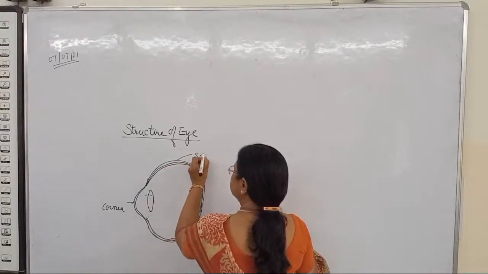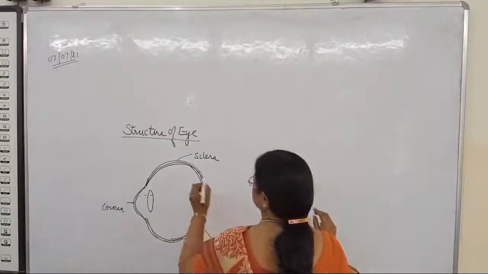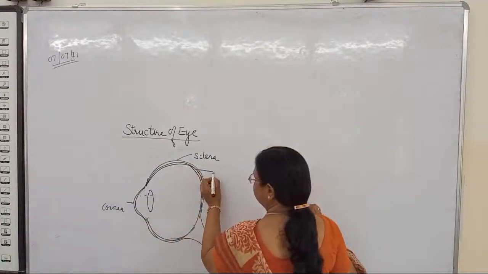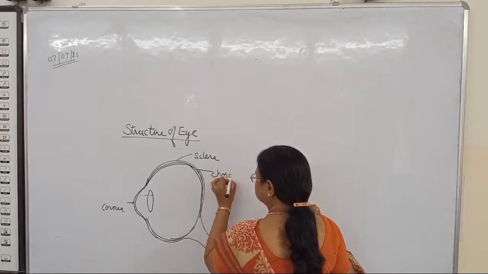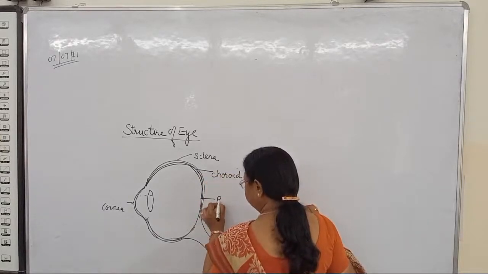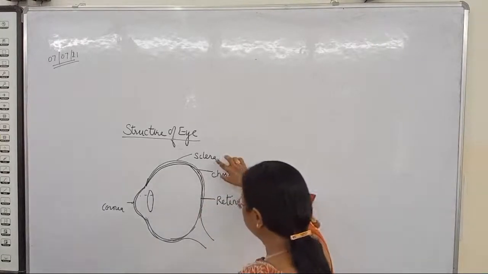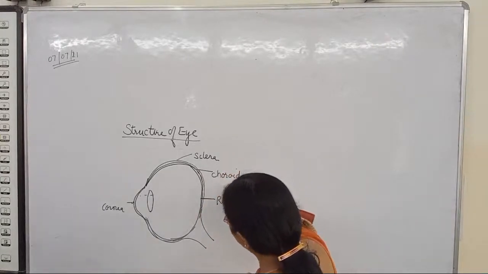The outermost is the sclera, then you have the layer choroid, and the innermost is the retina. So you have three layers that cover your eyes.